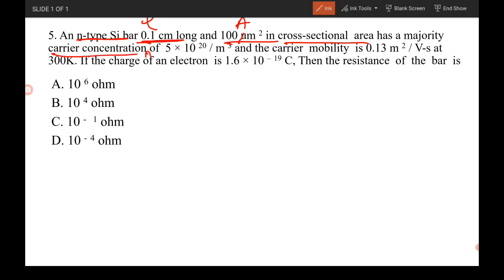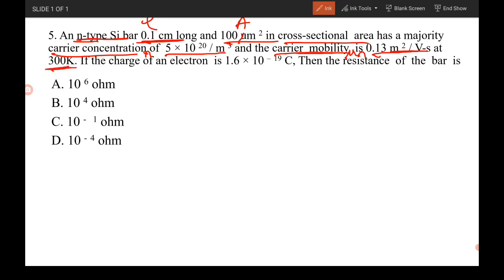The concentration of electrons, because the semiconductor is n-type, is 5 into 10 to the power 20 per meter cube, and the carrier mobility is electron mobility because the semiconductor is n-type. So mu n is 0.13 meter square per volt second at room temperature, that is 300 Kelvin.